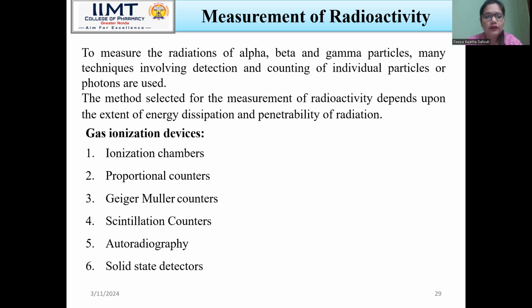And there are a number of gas ionization devices which are used for measuring radioactivity. First one is ionization chambers, proportional counters, Geiger-Müller counter, scintillation counter, autoradiography, and solid state detectors.